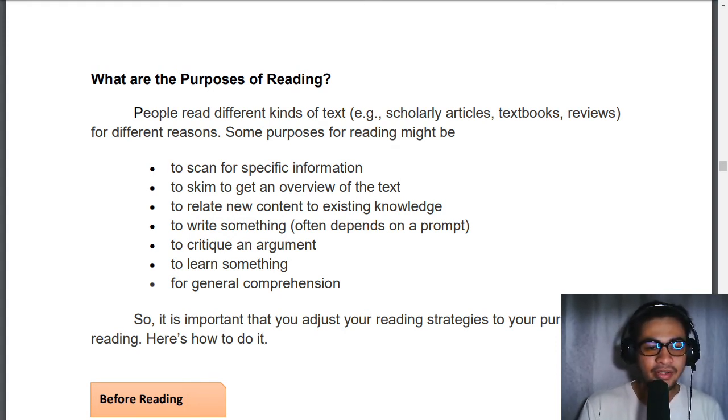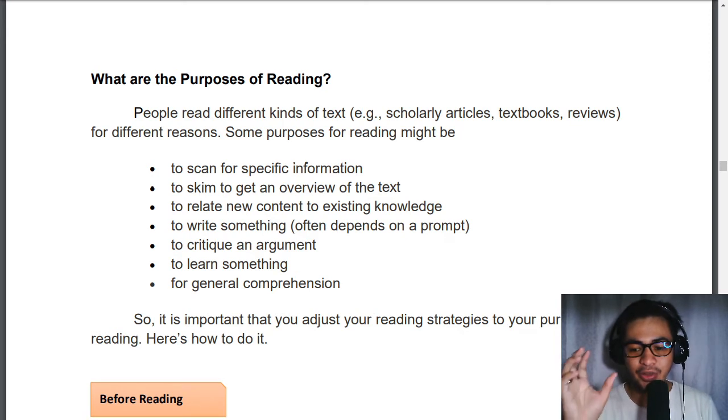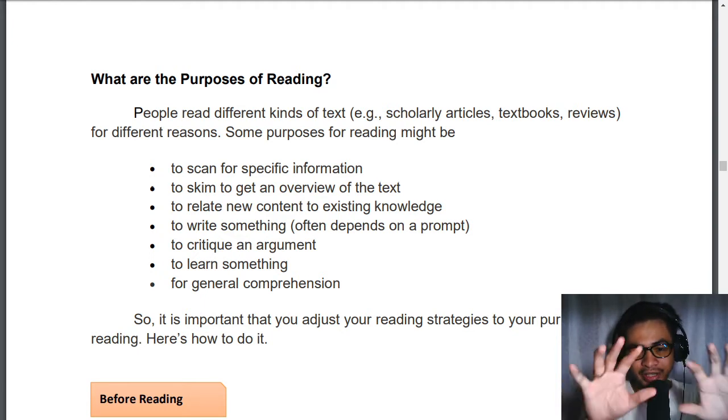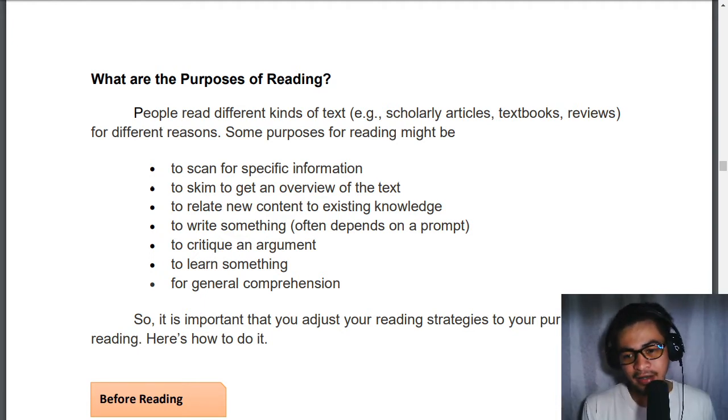The first thing is to scan for specific information. Yes, that is very true. You are getting certain information that you wish to know in that certain context. Right? You read because you want to know. That's it. To skim to get an overview of the text. You read because you want to get the overview, the general idea of the selection, the general idea of the text.